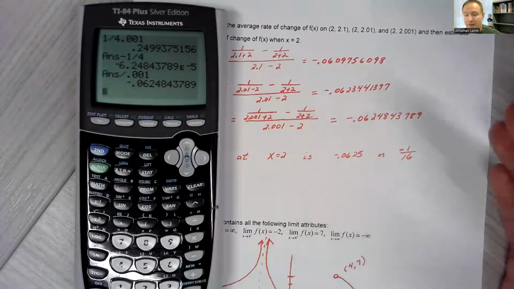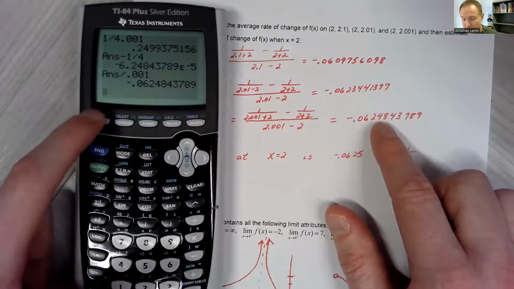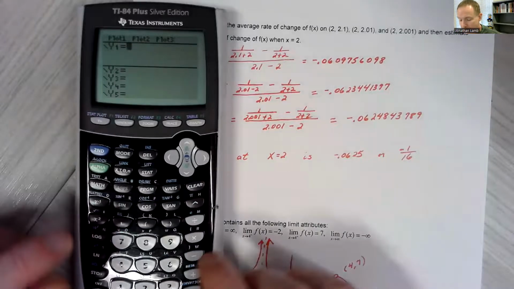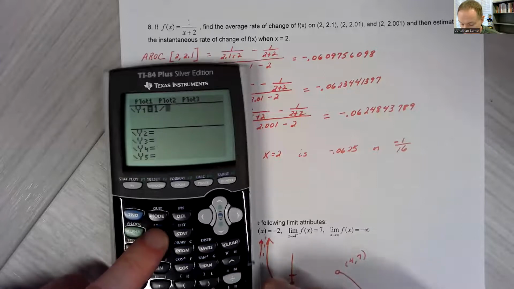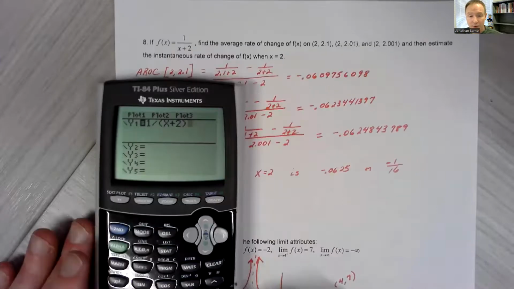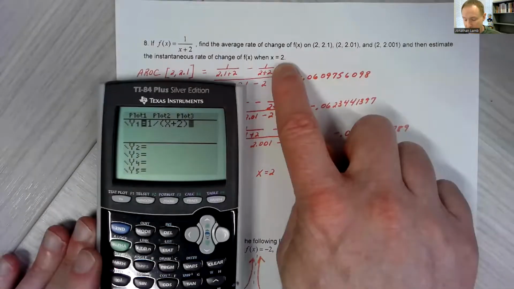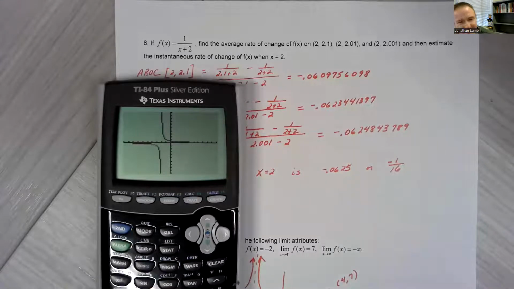Now, if you didn't happen to see that, if you're wondering how to see that it's approaching negative 0.0625, one way to get your calculator to help you out is to go in here and enter 1 divided by the group x plus 2. And I want to see this where x is 2. I'll just hit zoom 6. This is not a fantastic graph, but it's good enough. Now, what we're looking for is the instantaneous rate of change when x is 2.